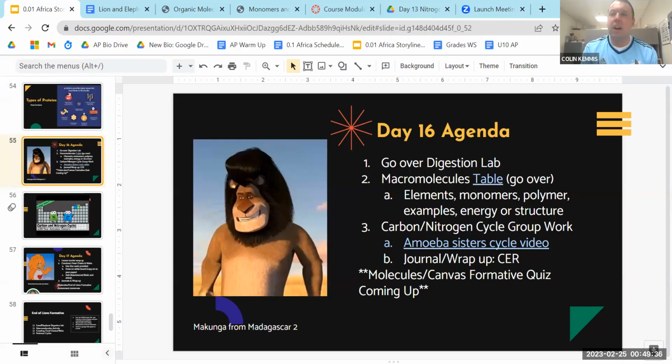We have the digestion lab. I'd just like to clarify the answers for that one. I'd like to go over the macromolecules table, what elements, monomers, polymers, etc. And I'd also like to give you a little further explanation about the monomers.